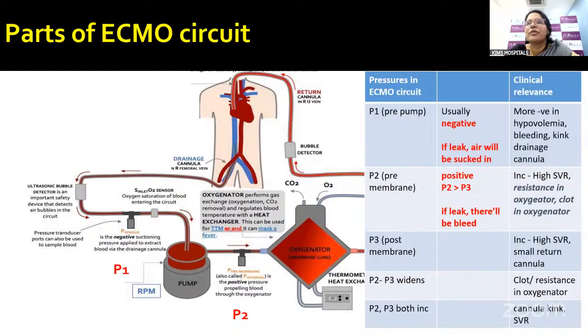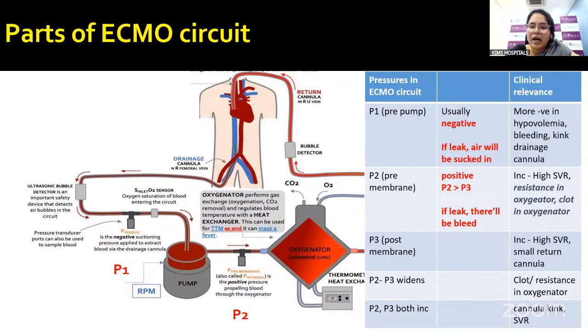For example, if the drainage line, which was supposed to be placed in the femoral vein, went somewhere into the intrahepatic portion of the IVC, the hepatic vein, it could become so narrow that there would not be sufficient blood flow for the ECMO circuit, and hence it can become more negative.